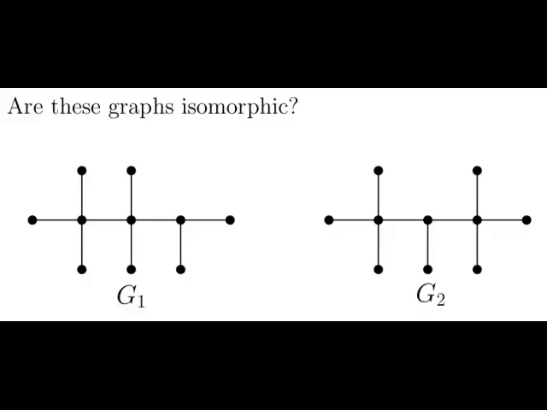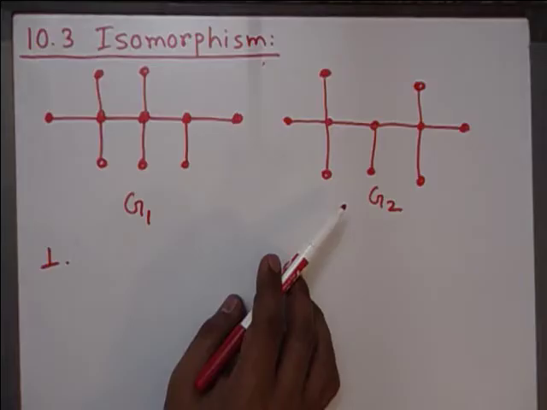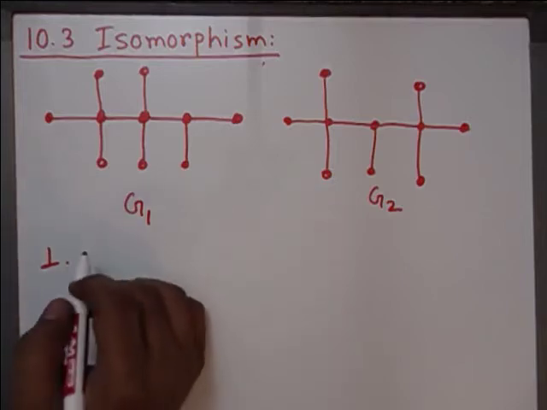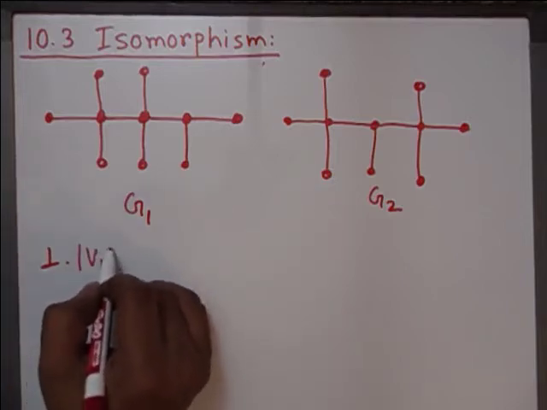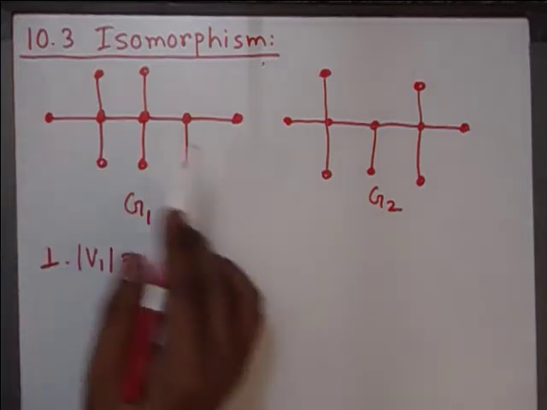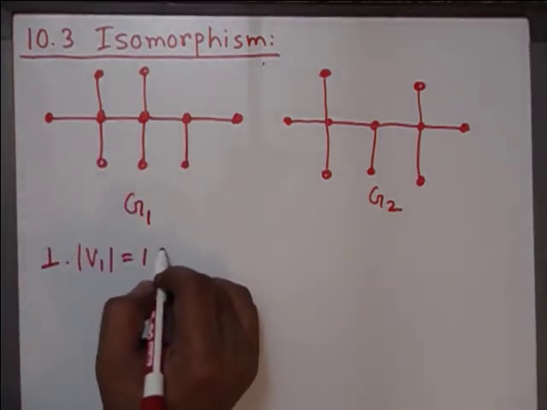Now let's try another example. So this is G1, this is G2, and we are trying to find out whether they are isomorphic or not. So let's go through the checklist. First, the number of vertices. How many vertices are there? 10.